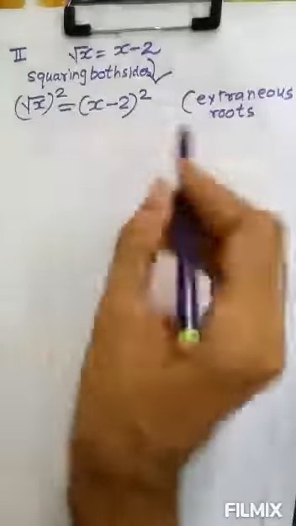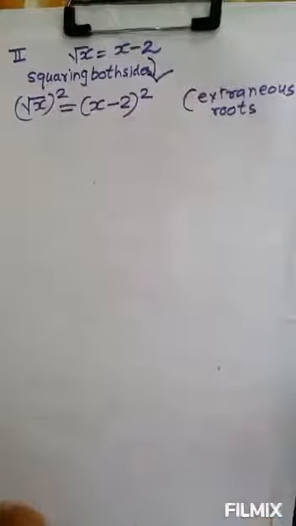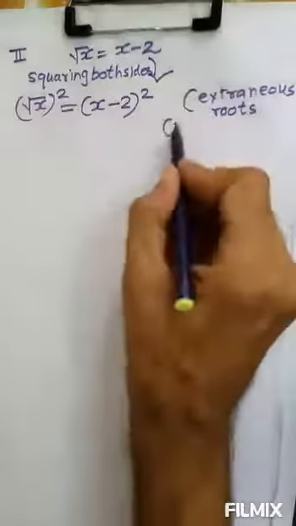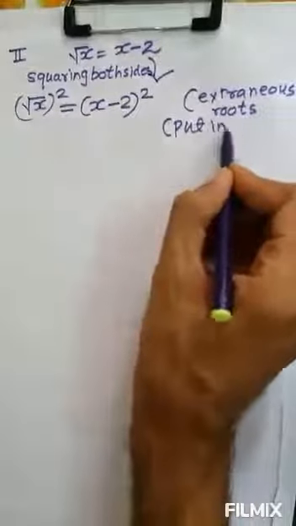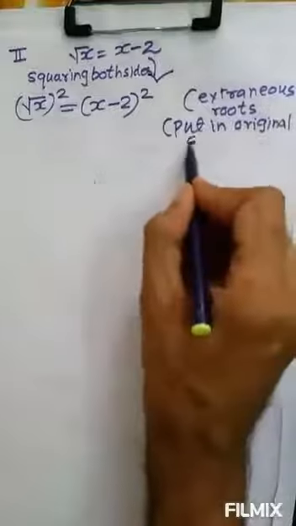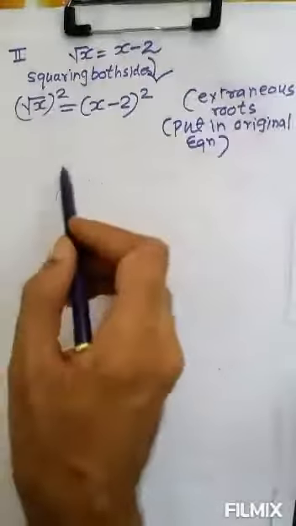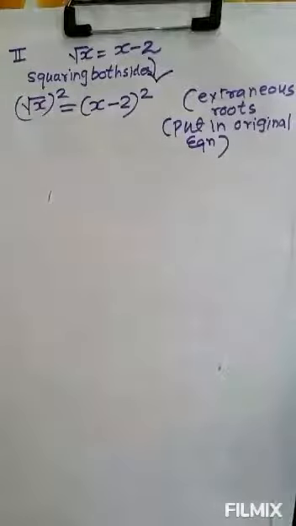After squaring both sides, to check if they are actual roots or extraneous roots, we have to put whatever answers we get after solving into the original equation. Squaring is recommended only when it is necessary.